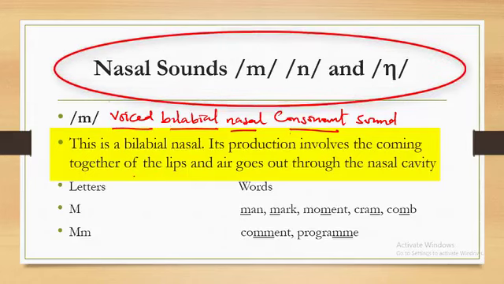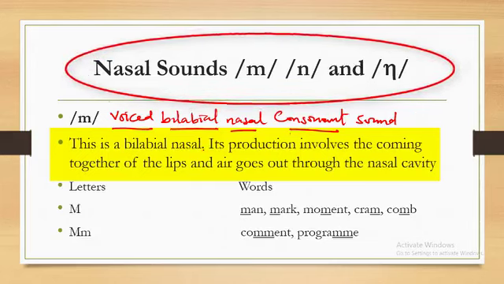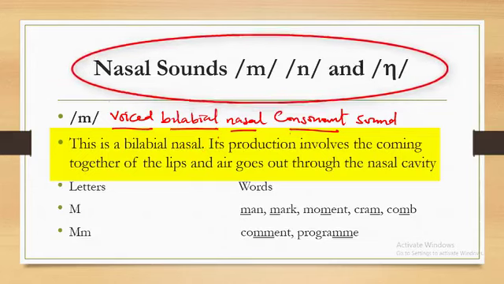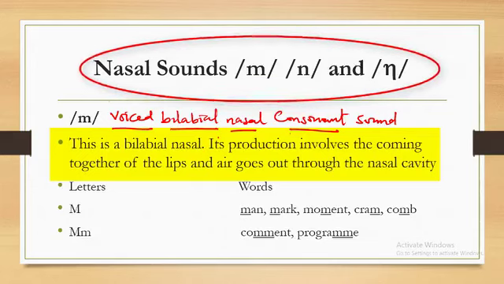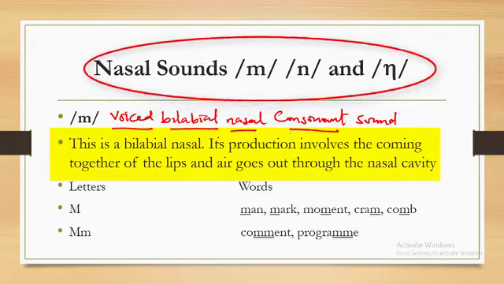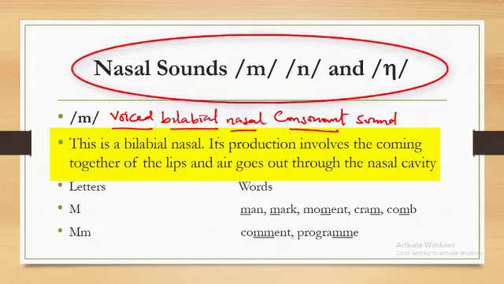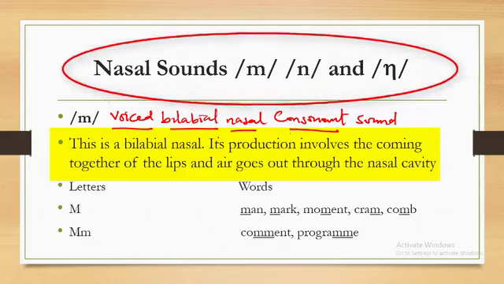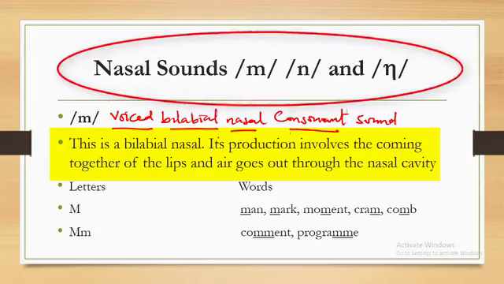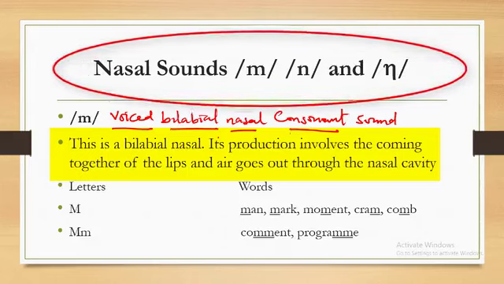You can't pronounce man without bringing both lips together. Mark, moment, cram, comb, comment, program. So whether in a single M or double M, either at the initial position, the medial position, or final position. Initial position means at the beginning of words. Medial means at the middle. And final means at the end of words.